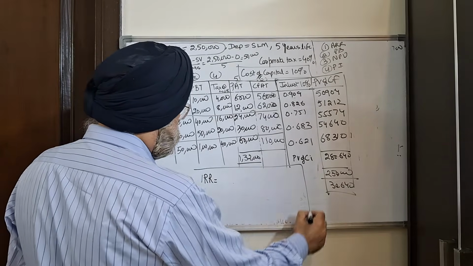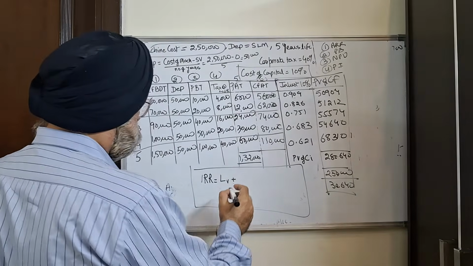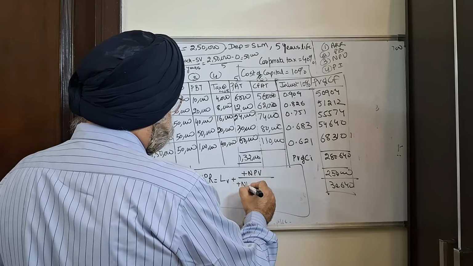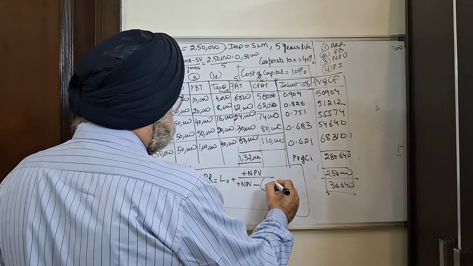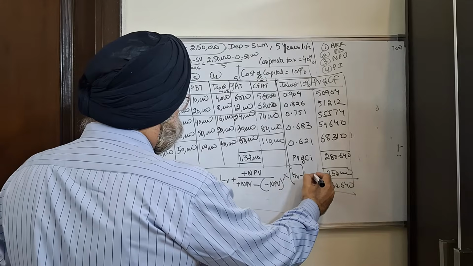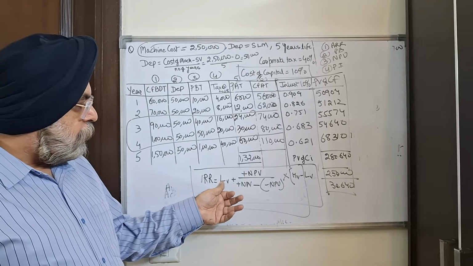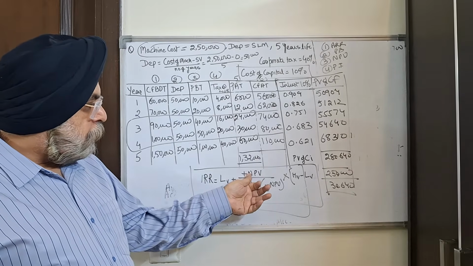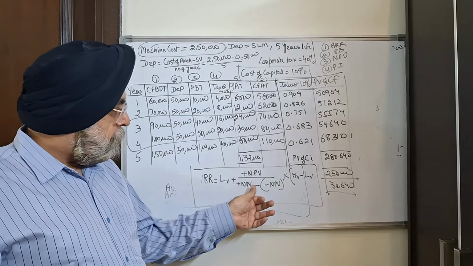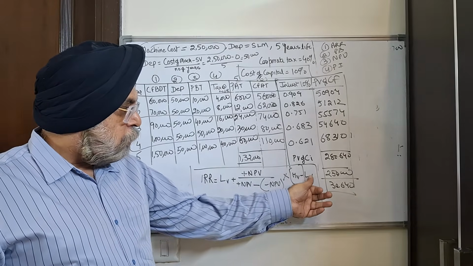The formula for IRR is lower value plus positive NPV upon positive NPV minus negative NPV into higher value minus lower value. So this is the formula. IRR is equal to lower interest value plus positive NPV divided by positive NPV minus the value of negative NPV into higher value minus lower value.